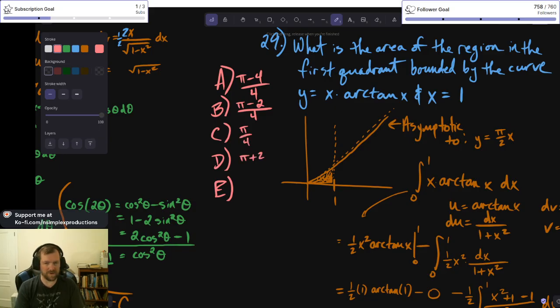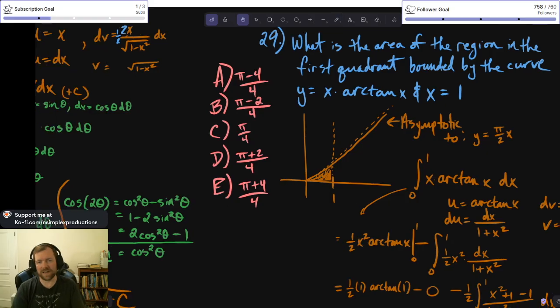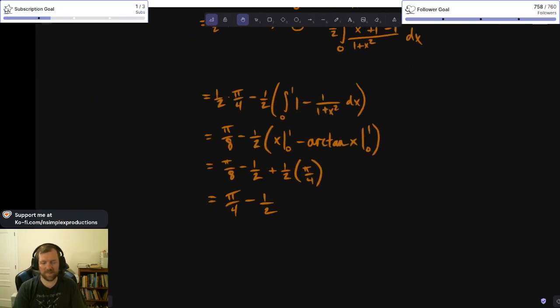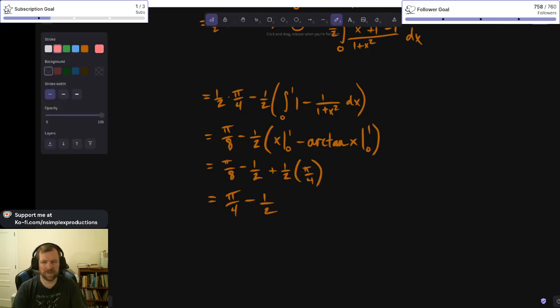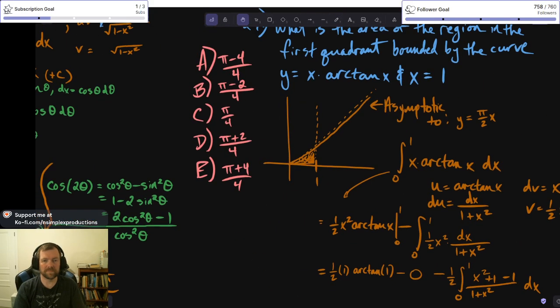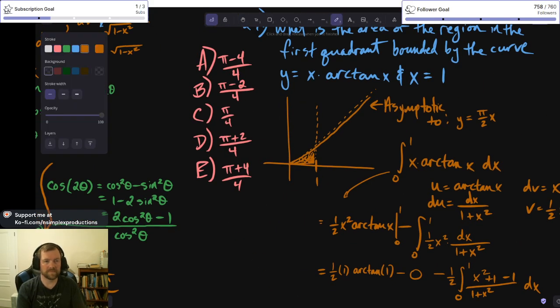Pi plus 2 all over 4. Or pi plus 4 all over 4. So the one we have is pi minus 2 all over 4. We're going to multiply both top and bottom by 2, here and here. So B.